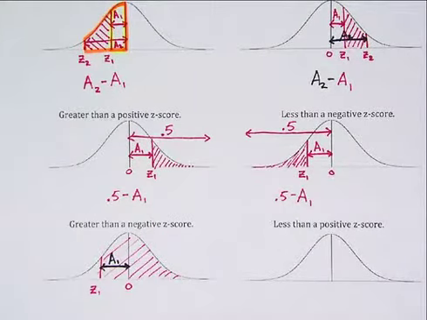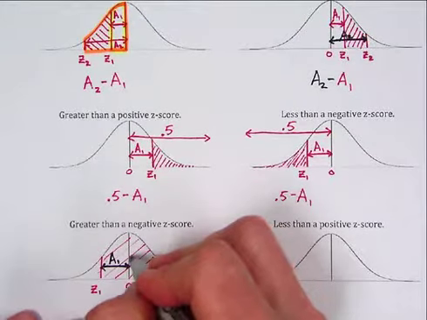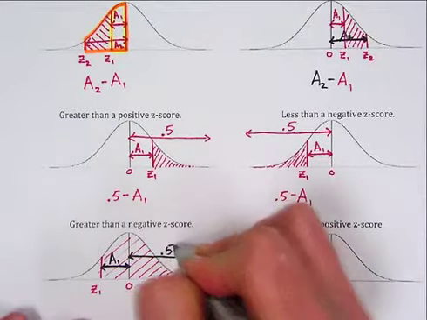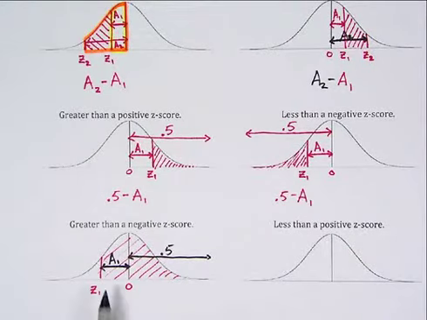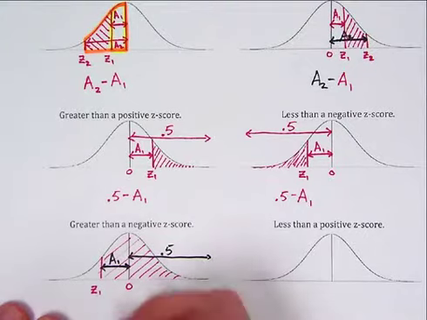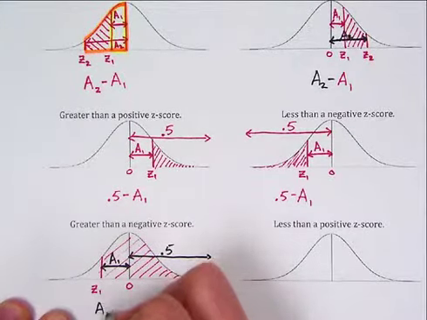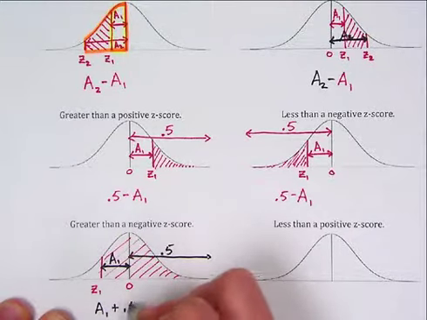There's a sub 1. But we have to include all of this other area, and the area from here to the right is 0.5. So in this case, when you're looking for this entire tail, so the big one, we're going to add the two areas together. So it's going to be a sub 1 plus 0.5.